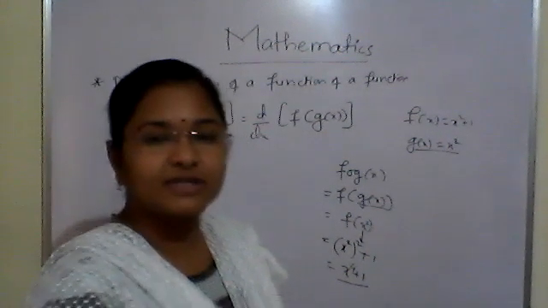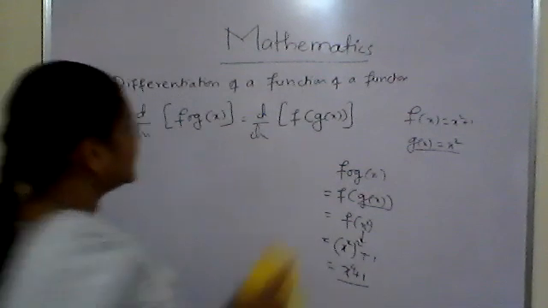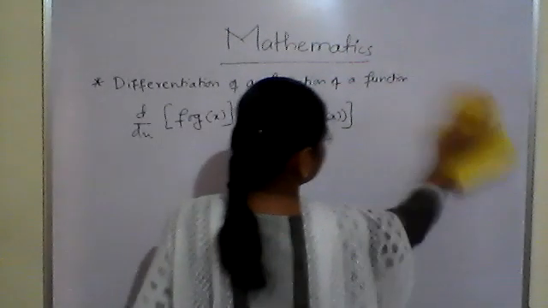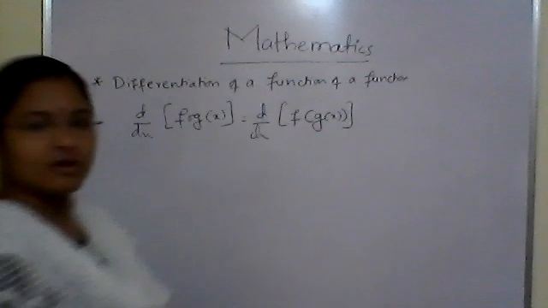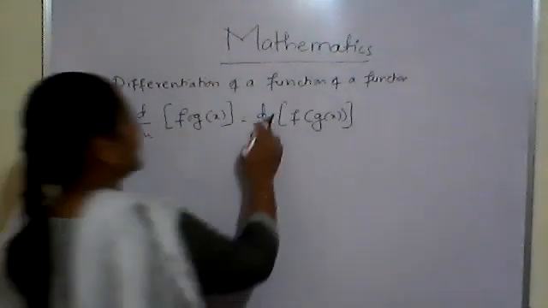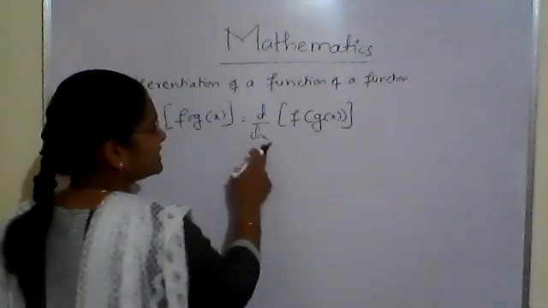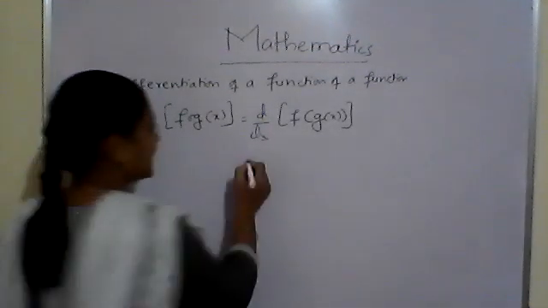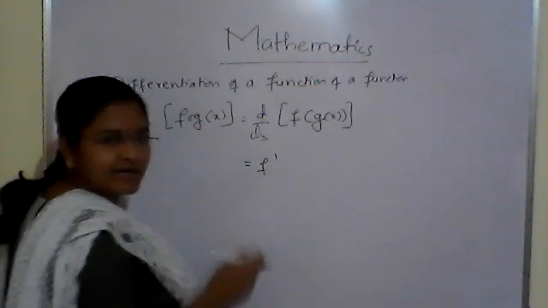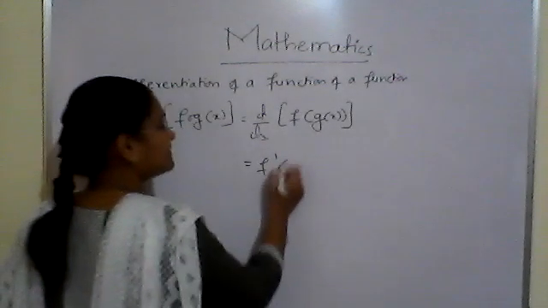Now how can we differentiate the composite functions? Now student, see, derivative of f with respect to x, that is f dash. Now here we can treat g of x as a variable.